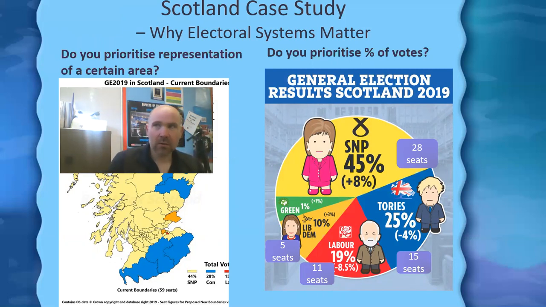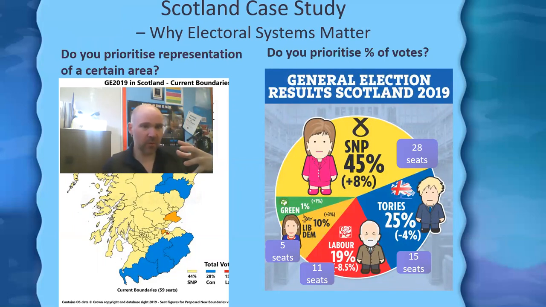But think about this. Most people live in cities in the UK, whether that city is London or Manchester, or if you go into Scotland, it's going to be places like Edinburgh, Glasgow, and Aberdeen. These are the biggest places in Scotland by miles, which means that most of the votes come from those areas.